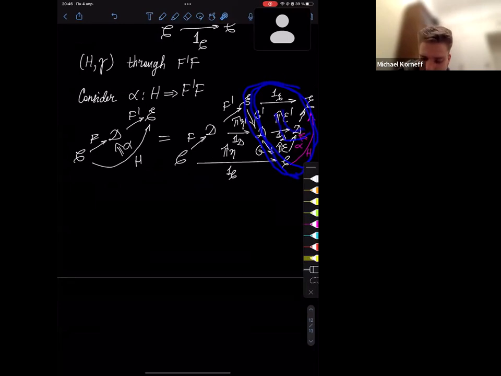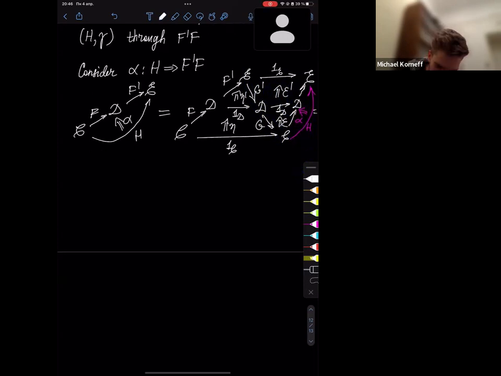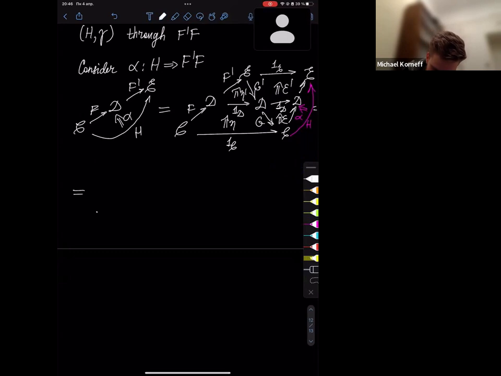And as a result, I obtain the two cell gamma because alpha is a factorization of gamma, and this composition will equal gamma.